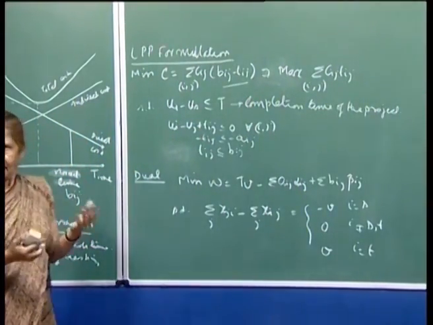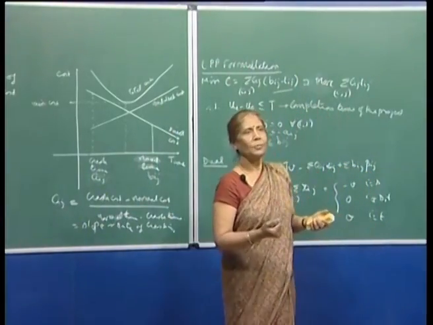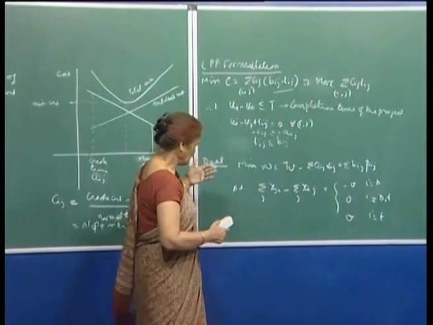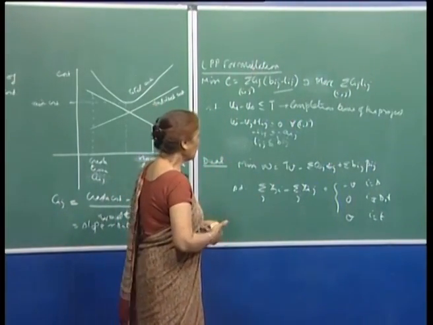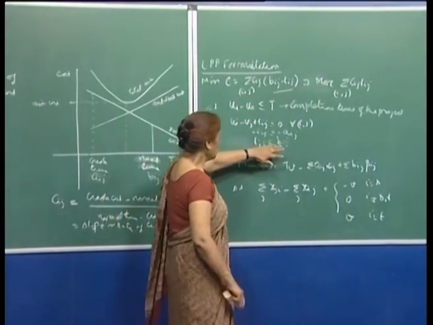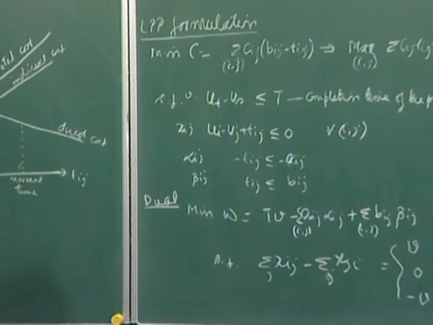Now, just out of academic interest, whenever we have talked of a linear programming formulation, we have also looked at its dual, and I just want to show you, even though we will not use this particular formulation here. So I am trying to write the dual to this LPP formulation.